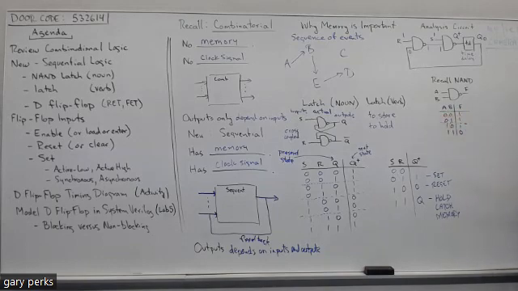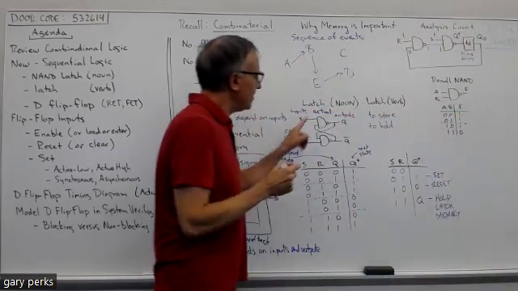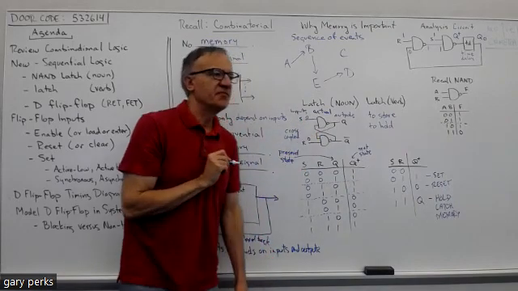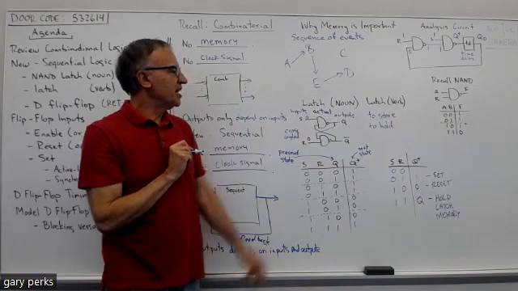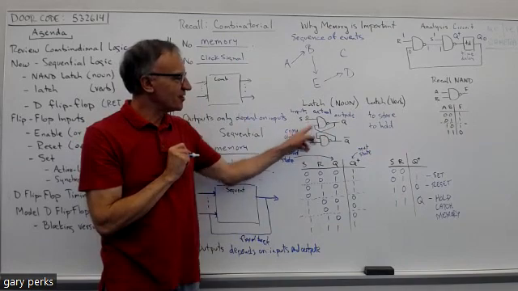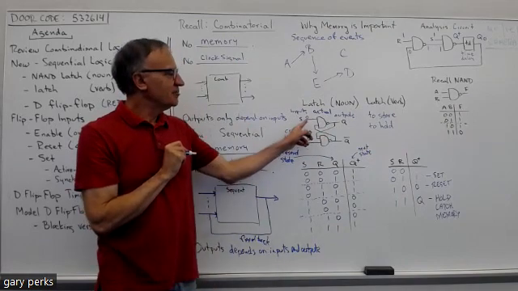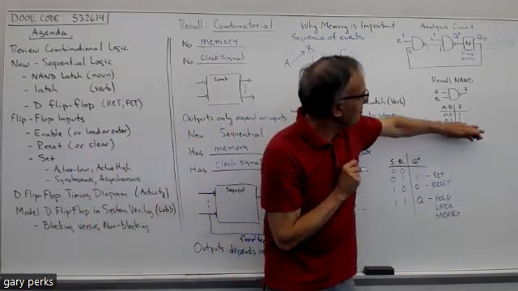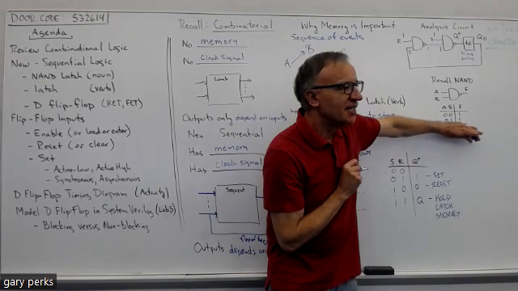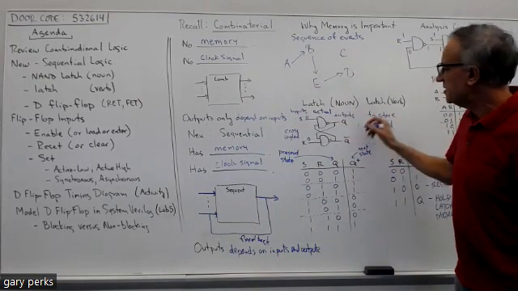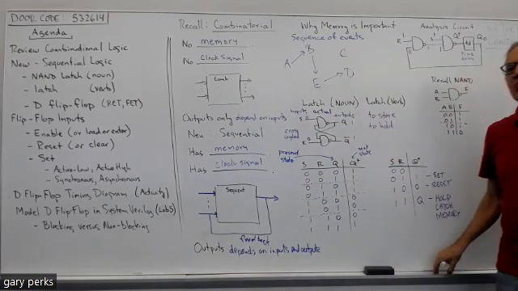If we look at the actual circuit, with S at 0 and R at 0, can I find what Q and not Q are without finding what the other inputs are? Do I even have to care about this cross-coupled connection? As we said earlier, if one input to a NAND gate is a 0, the output is a 1, regardless of what the other input is. So if you have S equal to 0 and R equal to 0, both outputs are 1.